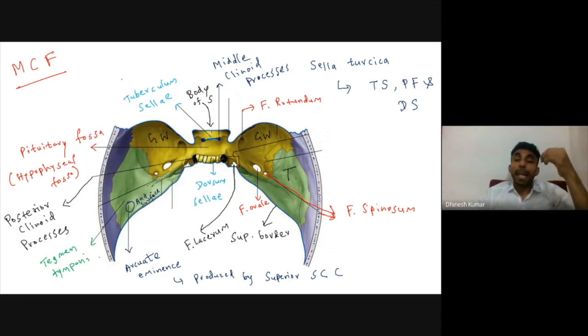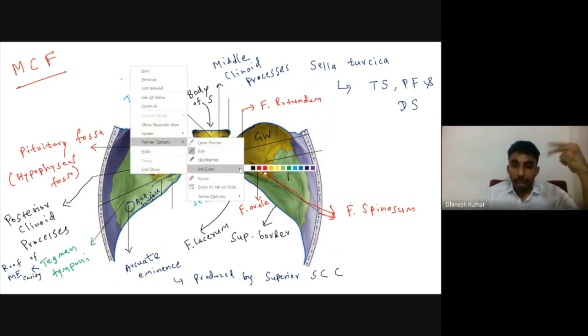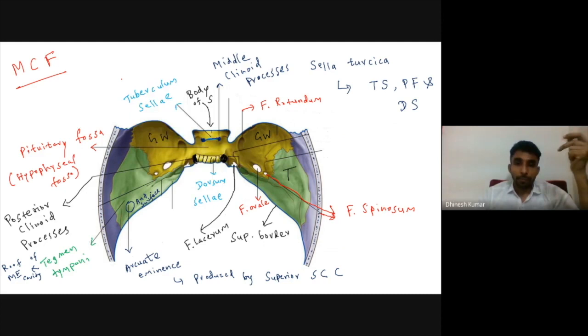It is a thin plate of bone which forms the roof of the middle ear cavity, otherwise called the tympanic cavity.